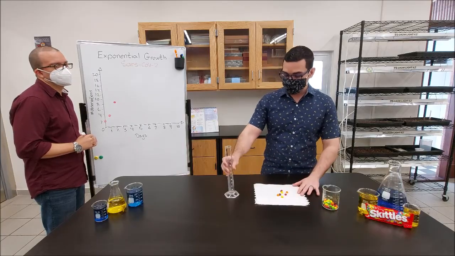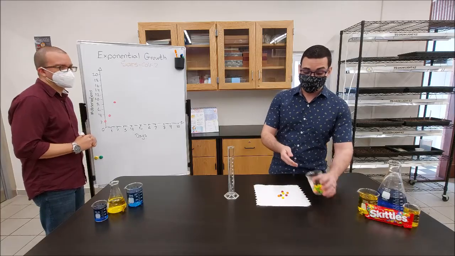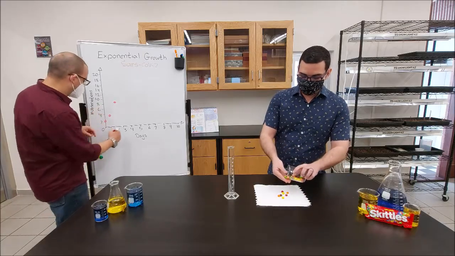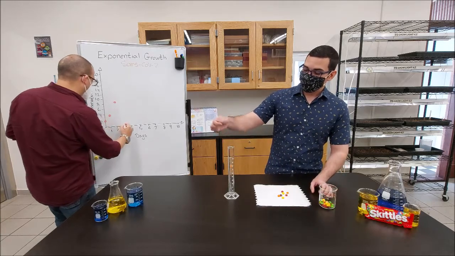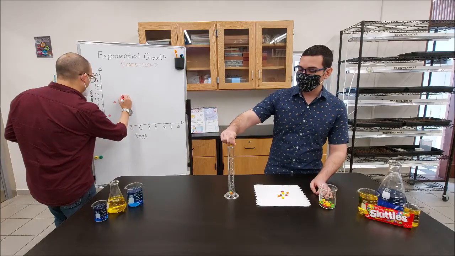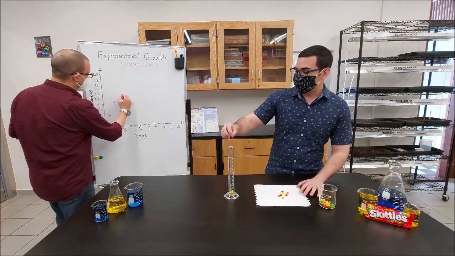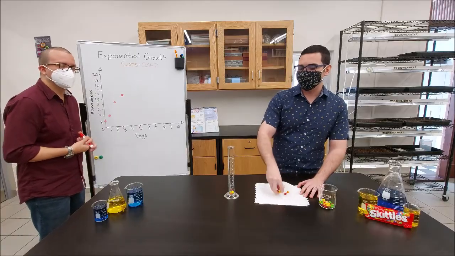Put the Skittles on the table and we get 1, 2, 3, 4, 5. So we got 5 more infections. Let's add those. So now we have a total of 5 plus 7. So we have 12 infections, right, Lillian? Yes. Okay, so this is on day 3. On day 3, we already have 12 people infected by the virus.